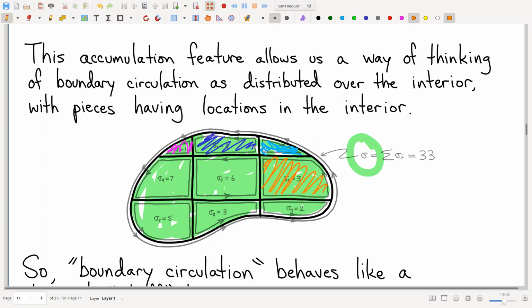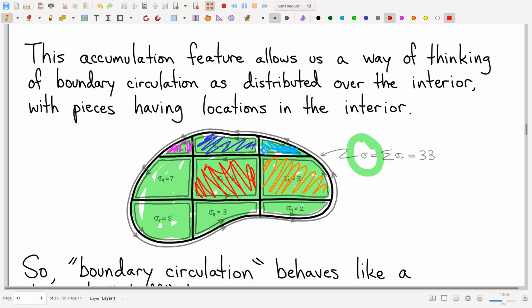And of course, uncontroversial, the whole is the sum of the parts. That's what accumulation means. And if I were to then say that the amount of this accumulating quantity in here is, whatever the accumulating quantity is for that piece, of course.